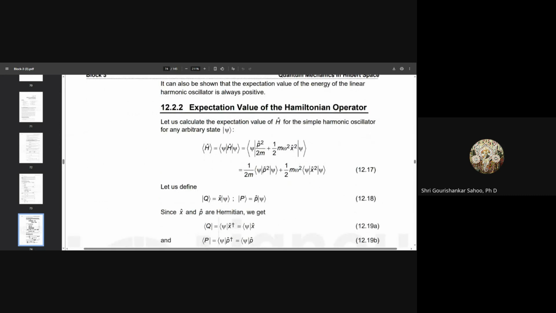So the expectation value of the Hamiltonian operator, which is written as <H cap>, is nothing but 1 by twice m <psi|p cap square|psi> plus half m omega square <psi|x cap square|psi>. So you can define |Q> as x cap |psi> and |P> is equal to p cap |psi>.